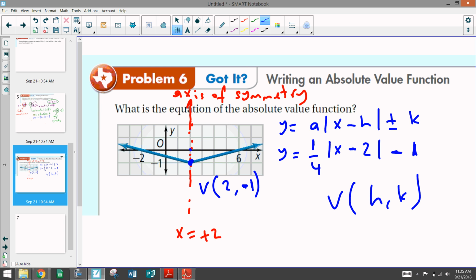If you don't see the graph, you can still know. Here you go. What is h? In this case, h matches. Makes sense? H is 2. K is negative 1. It's plus or minus, because in this case it's minus. We don't need this. K is negative 1.